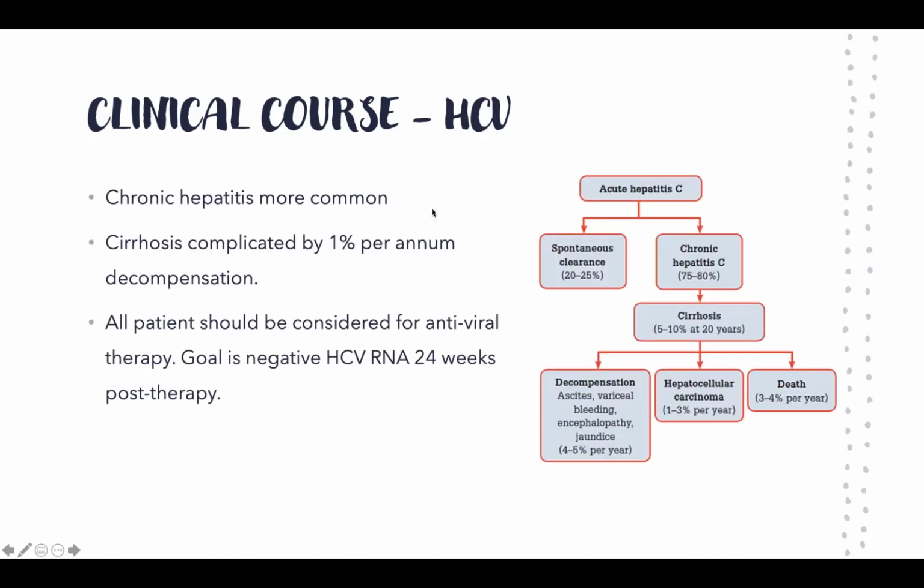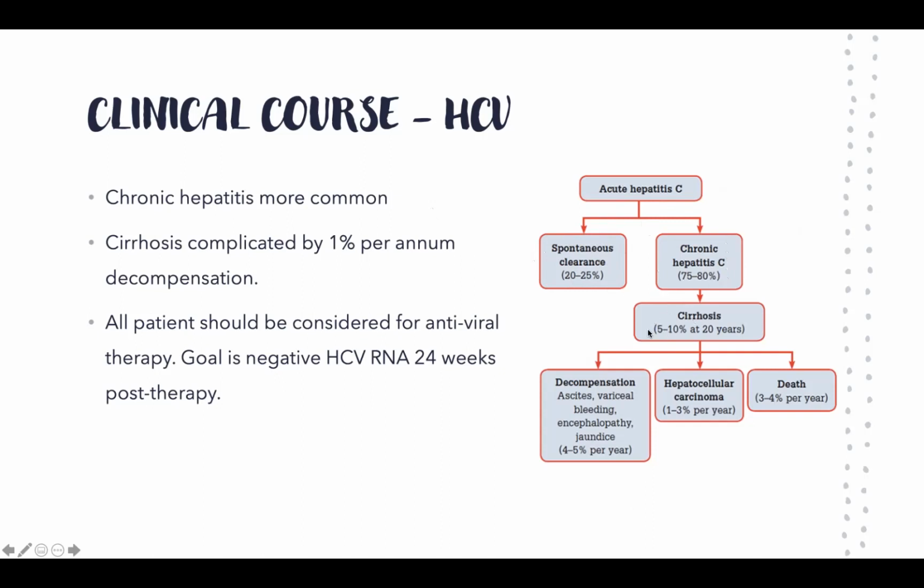Then we've got hepatitis C virus. Here, the chronic hepatitis is actually, unfortunately, more common. So we can see that only a small subset of them actually spontaneously clear, and a large proportion of these patients go on to have chronic hepatitis.